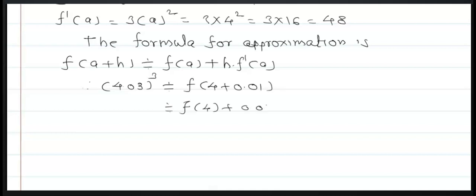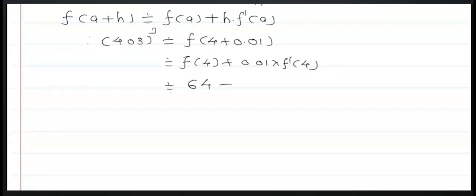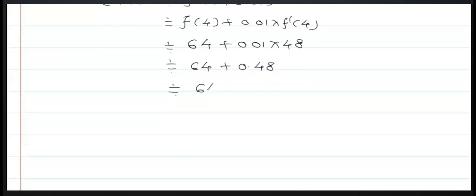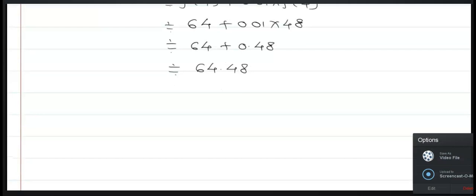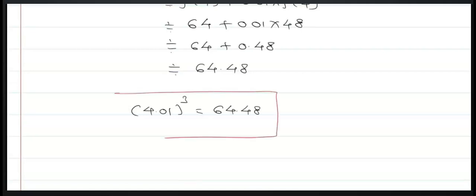By mistake I have written 3 there. Okay, h is 0.01, that is correct. It is the correct one. And we have the value, that is 4.01 bracket raised to 3 is equal to 64.48.